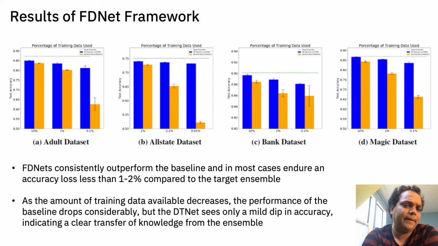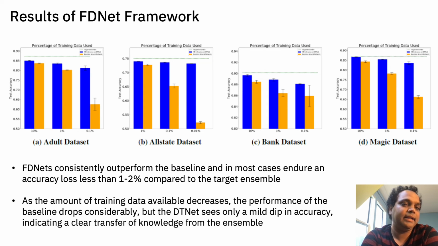You train an AdaBoost based ensemble model with 100 estimators, and the green line basically shows the performance of that target ensemble model on each of these data sets.